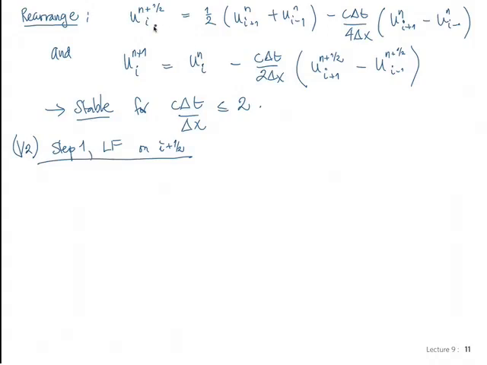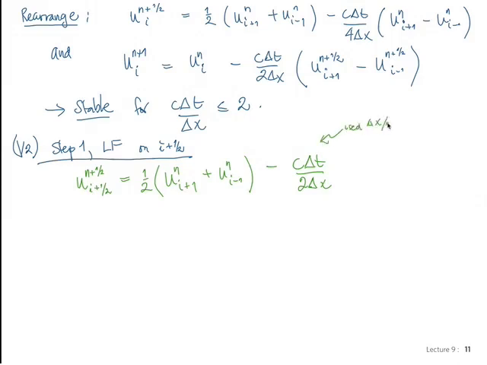So I can rewrite immediately from here. u^(n+1/2) at i plus 1/2 equal to the average of u^n at i plus 1 and u^n at i minus 1, and our other term, and here I'm going to have a 2 delta x because I have used delta x half here, and we have u^n at i plus 1 minus u^n at i.